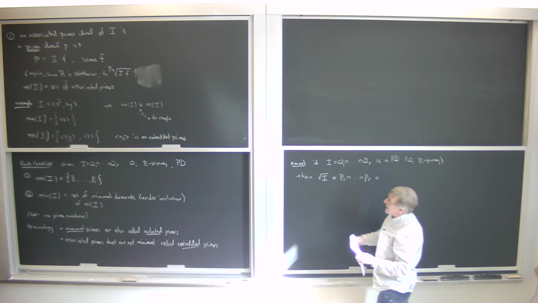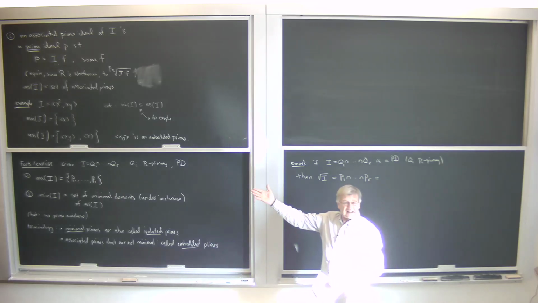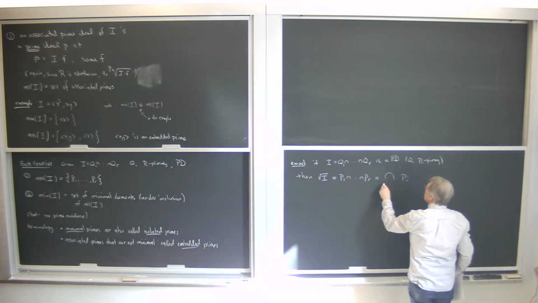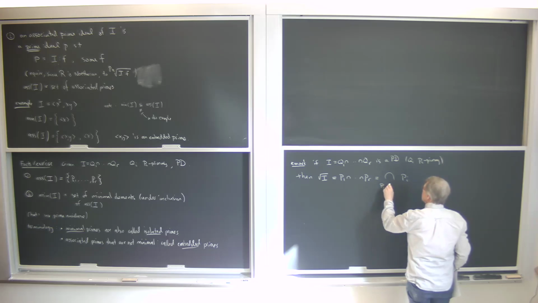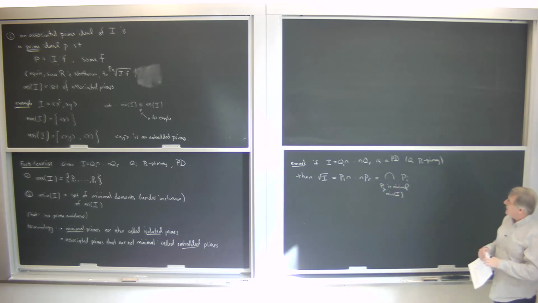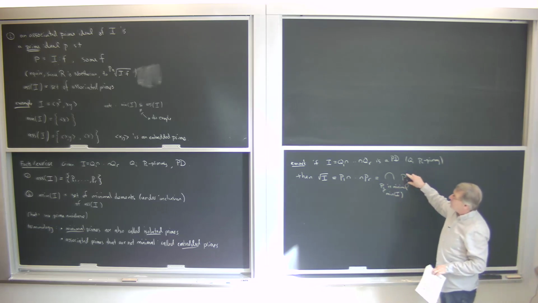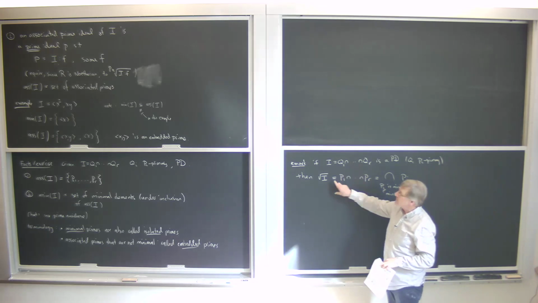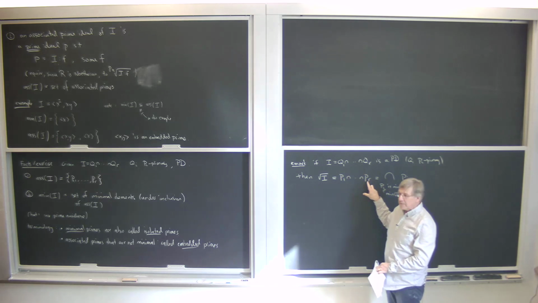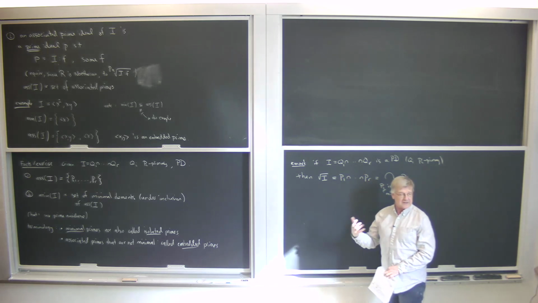But since I intersect X and I intersect with XY, I get X again, I don't need all of those things. So this is actually equal to the intersection of all P sub I, where PI is isolated or minimal, or maybe I should say is in min of I. Okay, so this is a general fact that we will oftentimes, in order to compute this, compute the radical of I first, or compute these minimal primes, and then we'll go back and try to get the rest of the stuff.